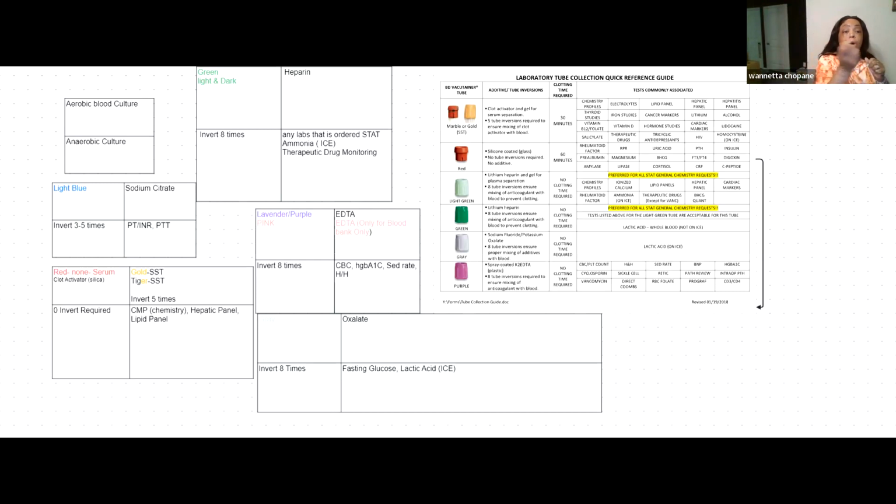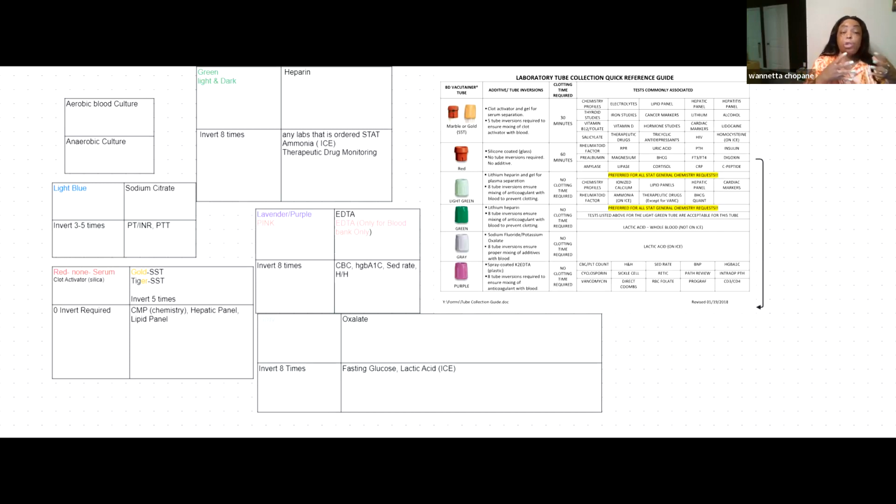Inversion means we are figure eighting, moving our tube from side to side in a figure 8 motion 3 to 5 times. The most common test is PT/INR and PTT. Remember, the background behind PT/INR, PTT is that someone is on blood thinners and the doctor is ordering these tests to make sure that the patient's blood is therapeutic enough.